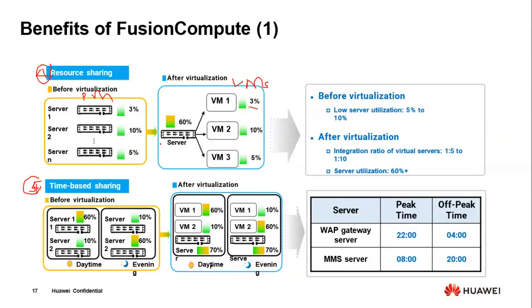So in percentage, you can see that if the physical machine has 60% utilization of resources, the VM1 will take some portion of it, let's say 3%. VM2 will take some portion of it, and VM3 will take some portion of it.